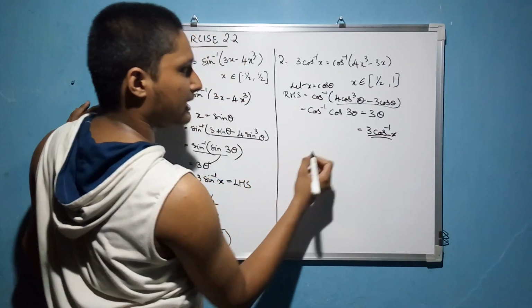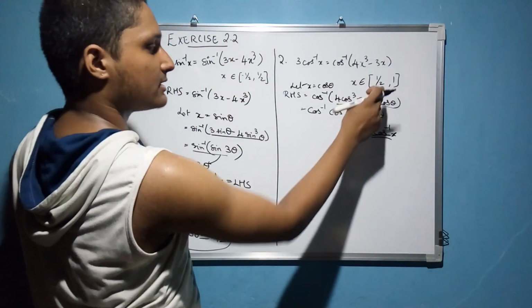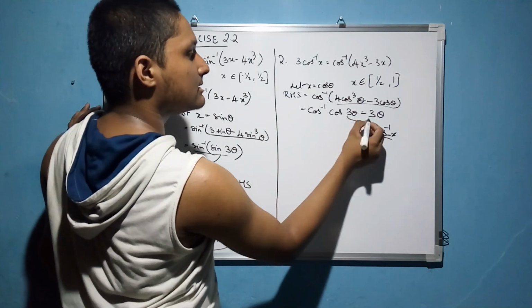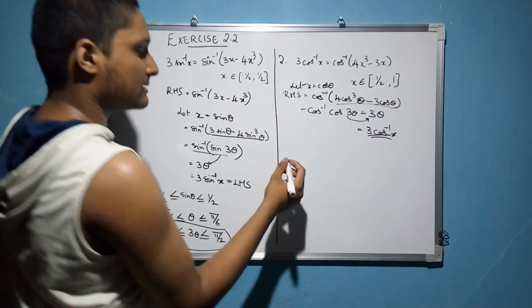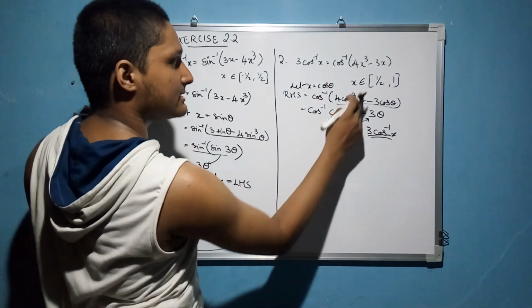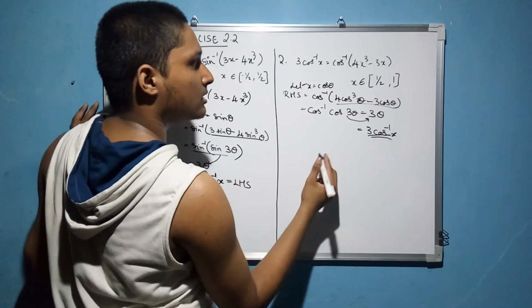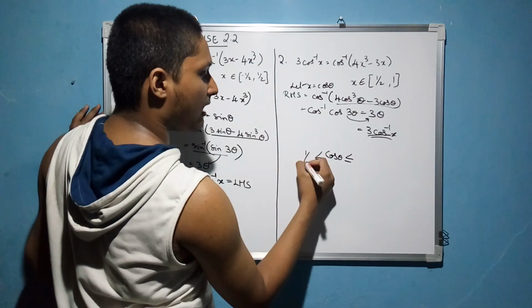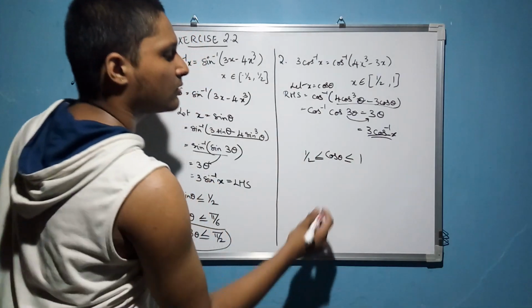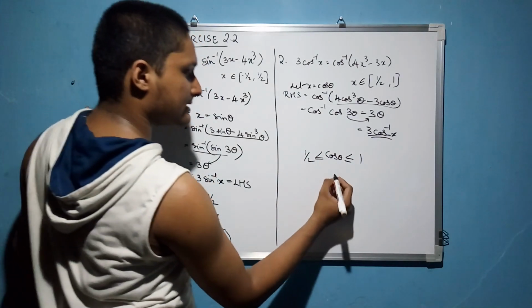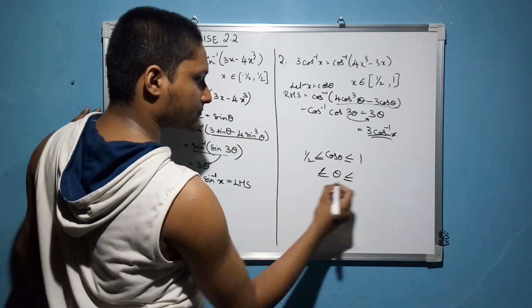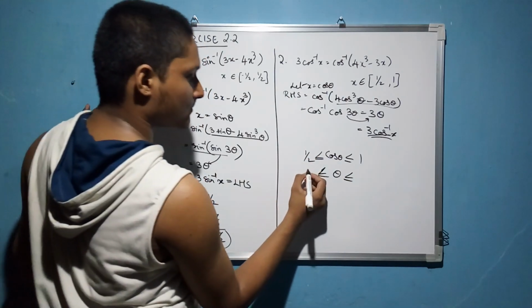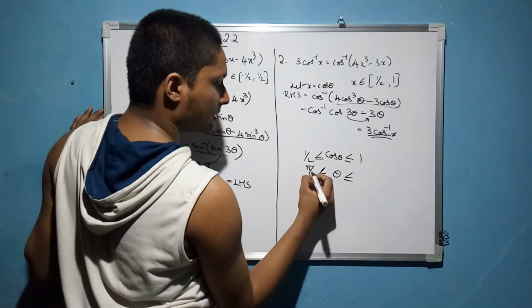Okay. Now why have I taken that cos inverse x, and how does this step arise? Okay, that is the point. Similar to this, since x belongs to half to 1, cos theta belongs to half to 1. Let's take cos inverse on both the sides. Then theta comes to be cos inverse half, which is pi by 3.